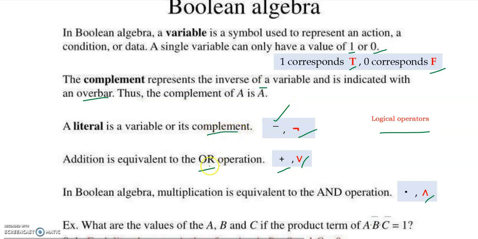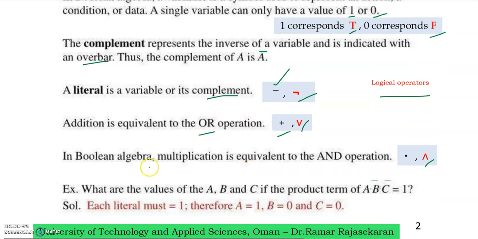In Boolean expressions we put OR as plus. In Boolean algebra we use AND for the multiplication, or this dot represents multiplication in Boolean expressions. Now see this example.